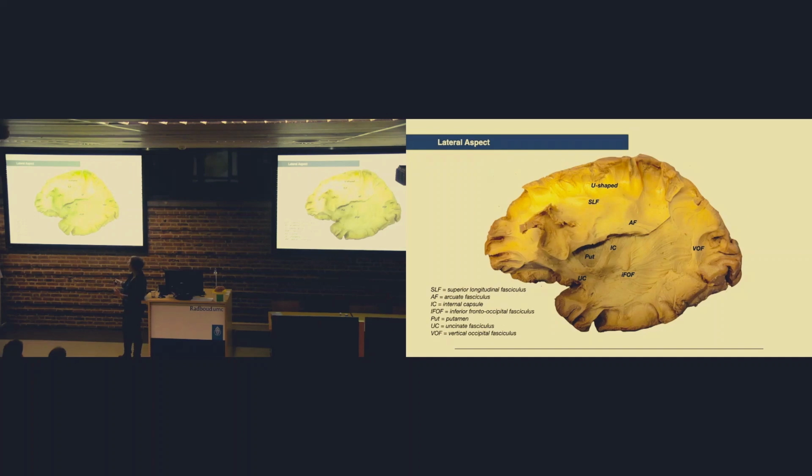So the reason we say this is not the same connection is because the IFOF goes frontal and occipital, and the uncinate overlaps in the frontal lobe. It also overlaps somewhat here in the external extreme capsule, but then it has a different termination. So you use the termination and the trajectory of the white matter to define them anatomically.